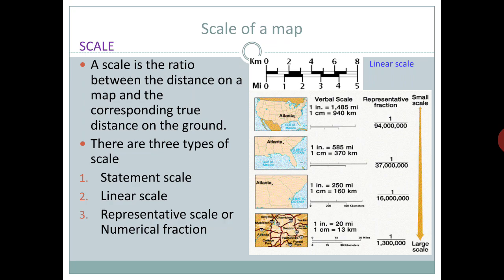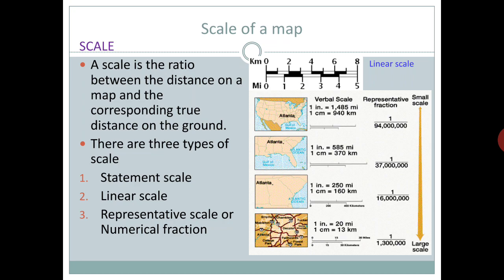Now representative fraction. In a representative fraction scale, the ratio between map distance and ground distance is represented as a fraction, where the numerator is always 1 and both the numerator and denominator are expressed in the same unit.